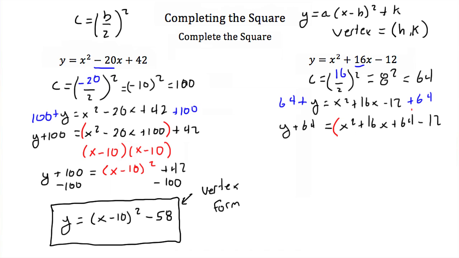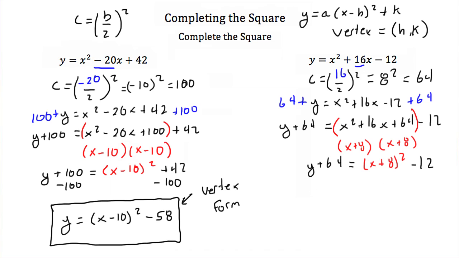And this section here is our perfect square trinomial. This will factor into an x plus 8 times an x plus 8, or (x plus 8) squared. And again, don't forget there's a minus 12 out here, and this is still equal to y plus 64.